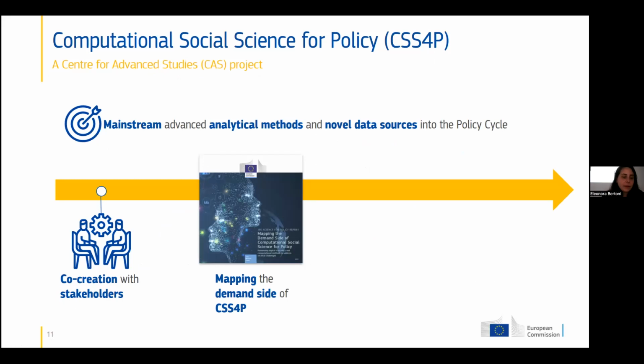So again, how did we foster the interaction between the stakeholders? We went a little bit in reverse to what is usually done in social science, or in research more generally, where the tendency is to start with a very interesting data set and then try to figure out research questions that could be relevant and extract them from the data.